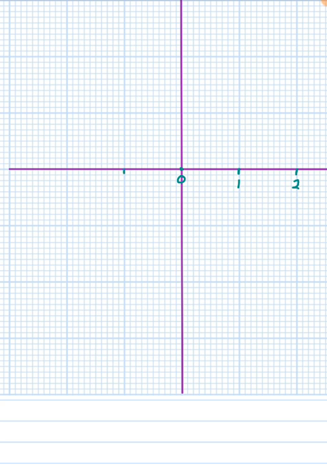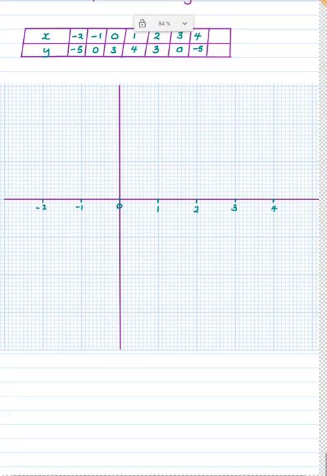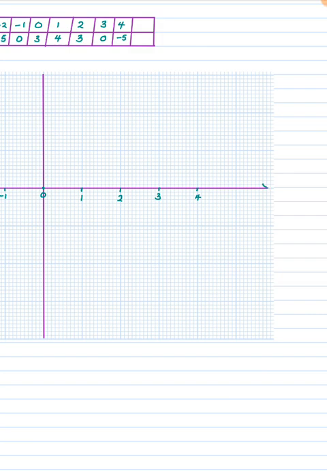Then we have minus 1 and then minus 2. So this is our x-axis. Our x-axis ends there. That's our x-axis.